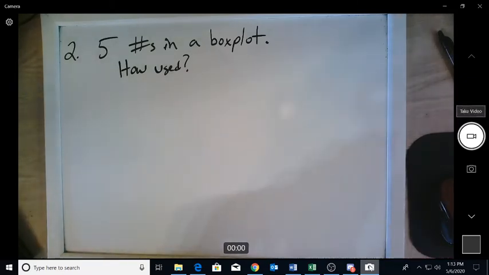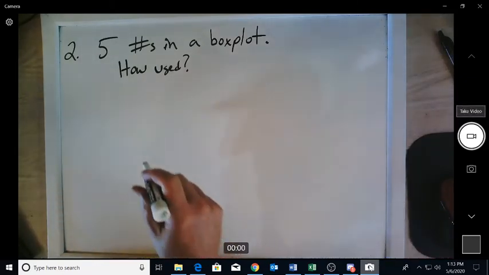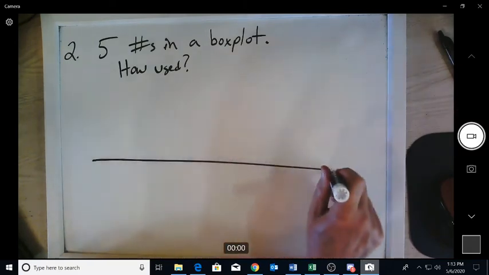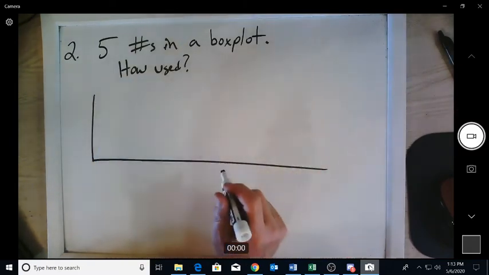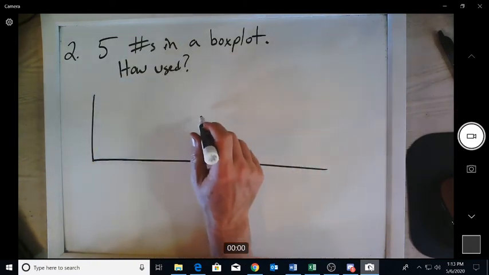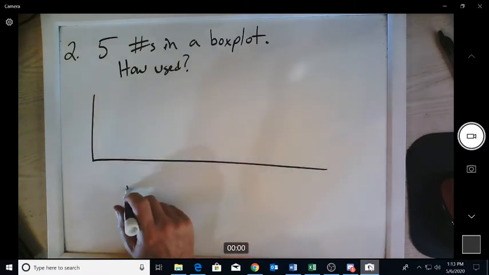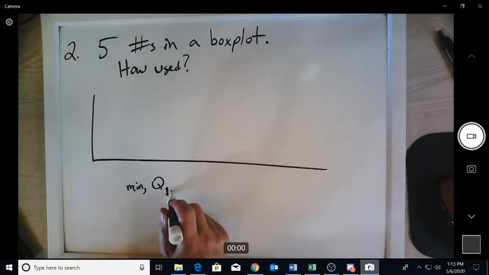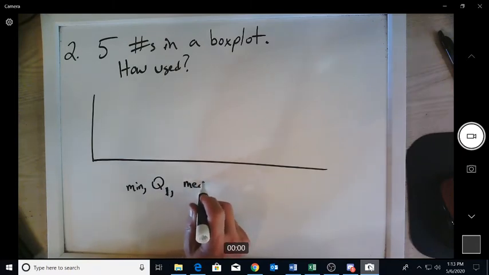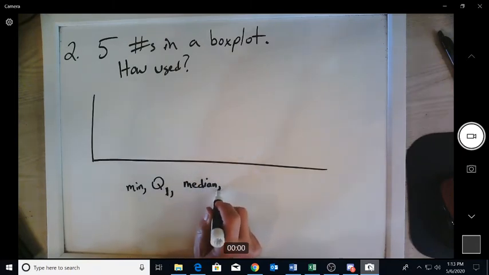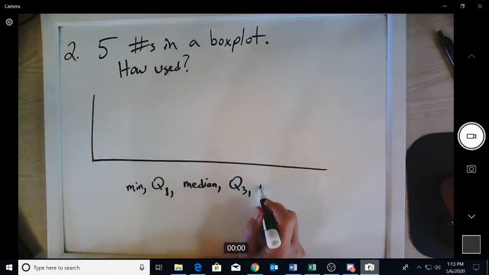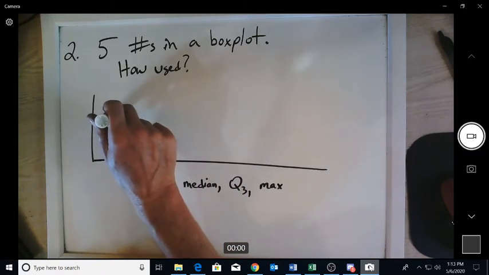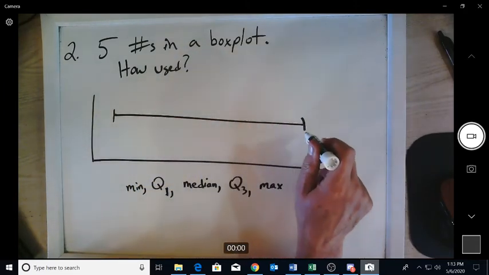So the box plot, you wind up having the 5 numbers are the min, Q1, the median, Q3, and the max. And a line goes from the min all the way to the max.